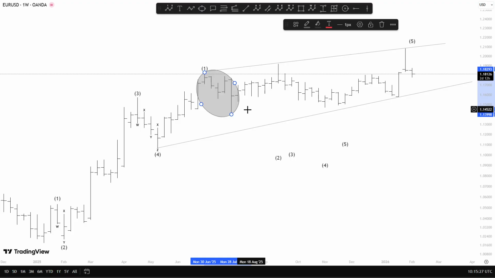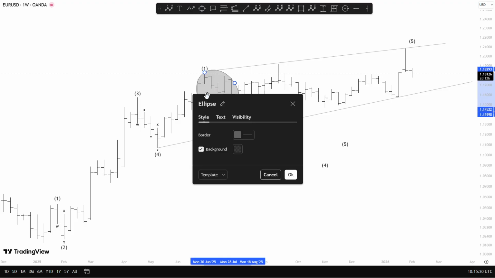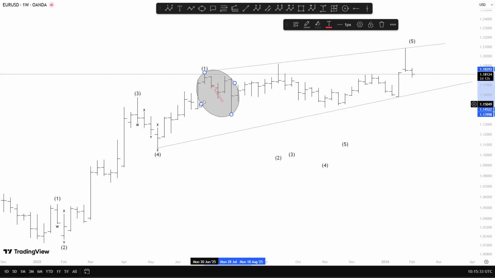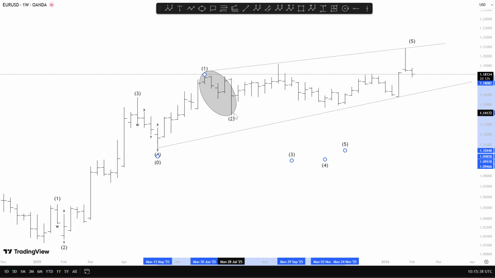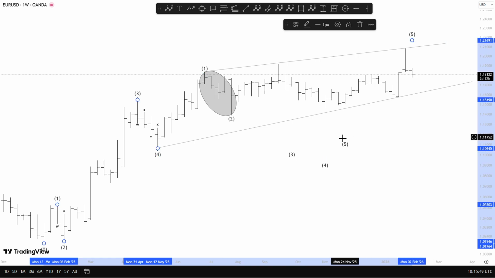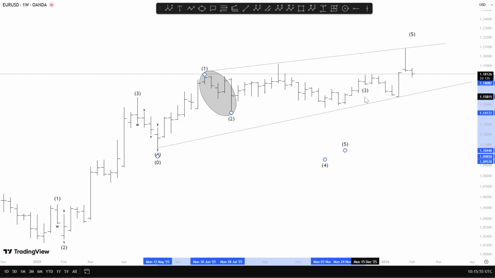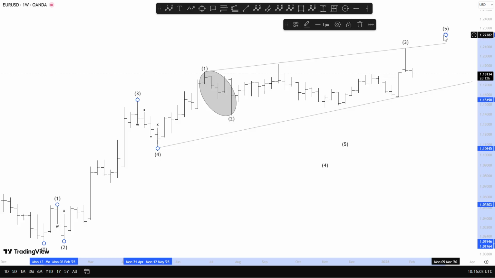Can you see? So which gives us 2 around this range, and this is W, X, Y. Because what I'm seeing in this diagonal is that wave 3 of the diagonal itself has a subwave in 3.